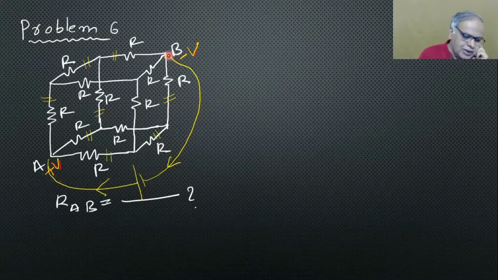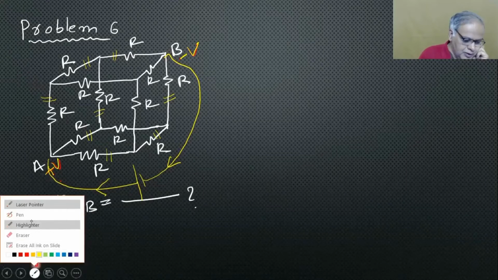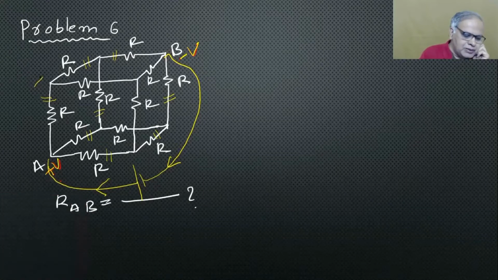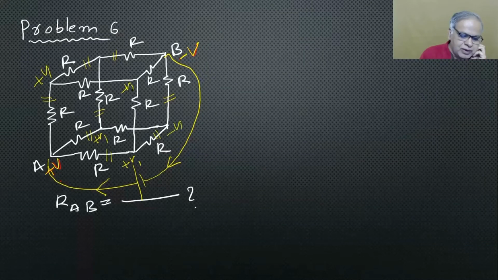So this will become plus V1, plus V1, plus V1, and from this side minus V1, minus V1, minus V1. So all the nodes are covered, isn't it?